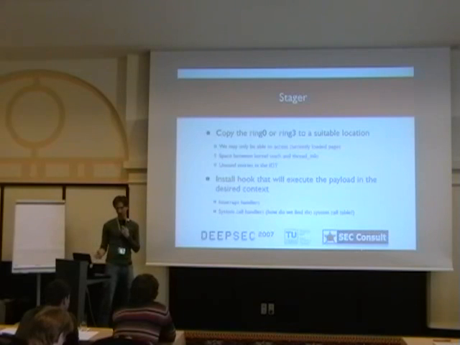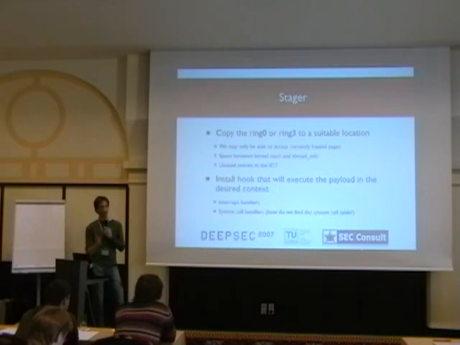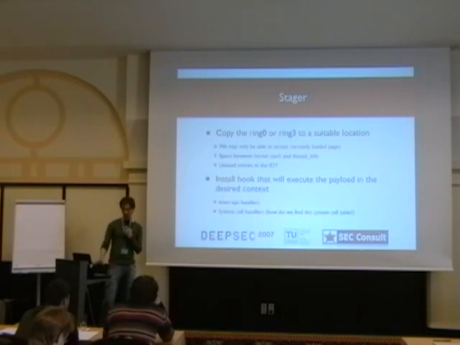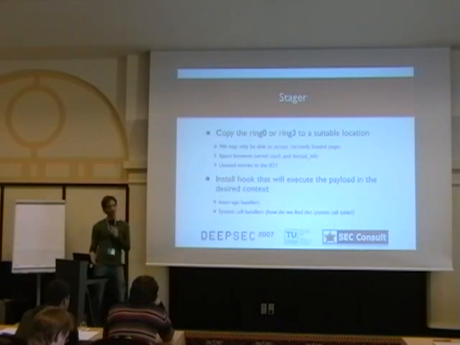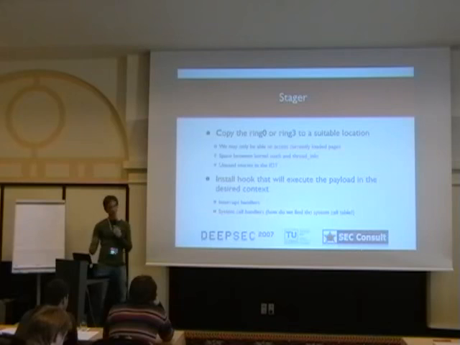And the second question is, how can I install a hook that later on will execute my payload in a context that's desirable for me? So to really make it short, we copied our payload to the interrupt descriptor table because there are many empty entries there. And we installed a system call hook. We hooked the sys_execve function.